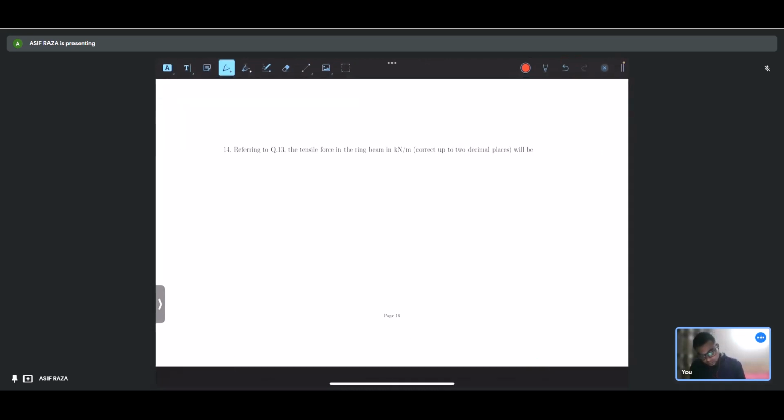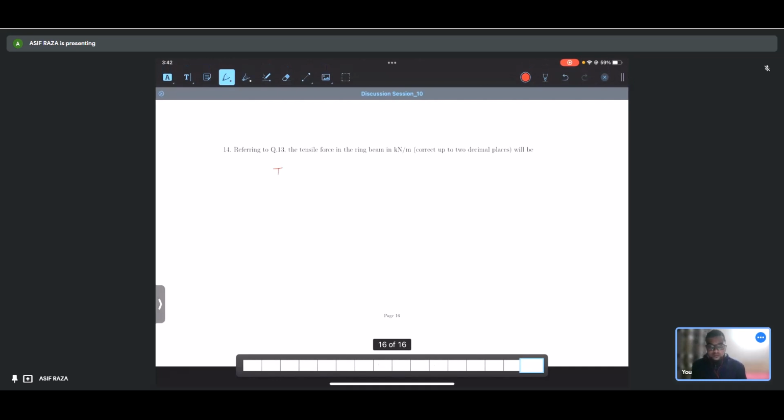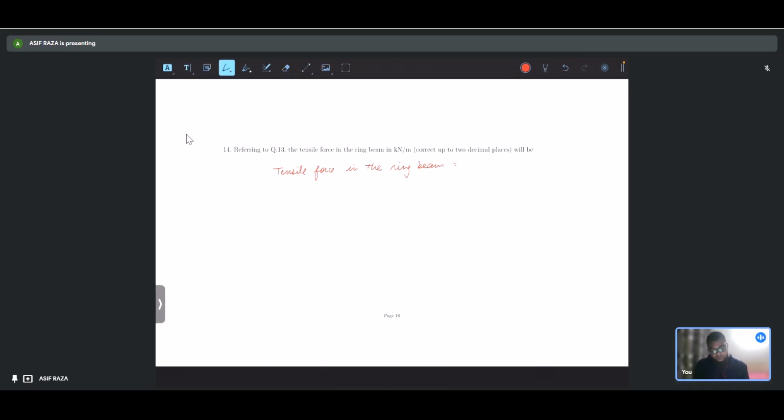The tensile force in the ring beam would be N phi times cos phi times R sin phi.